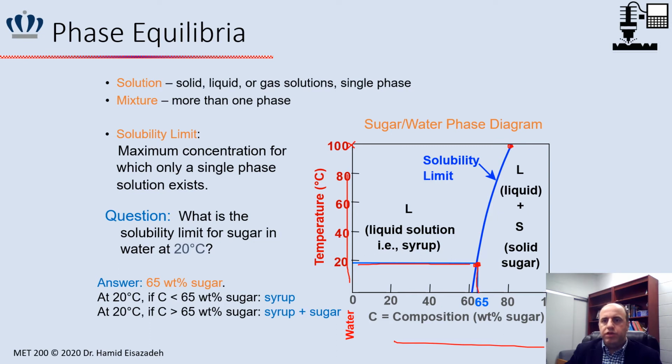It depends. If you are here, you have only syrup. If you go this way, you have syrup, sugar, and the mixture of sugar and water. But the interesting point is here, if you go the other way, if you have a composition like this, you will have liquid. Liquid is going to be the syrup, and the solid sugar, which is settled on the bottom of the beaker.